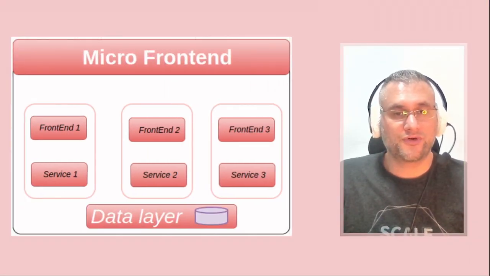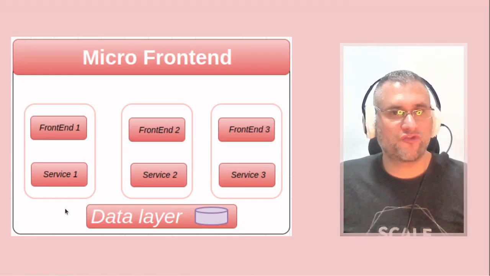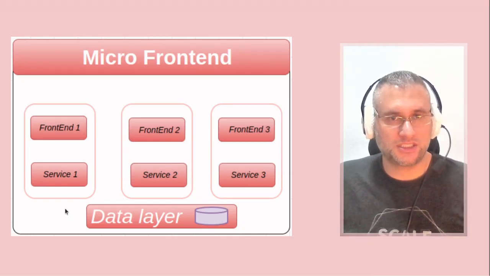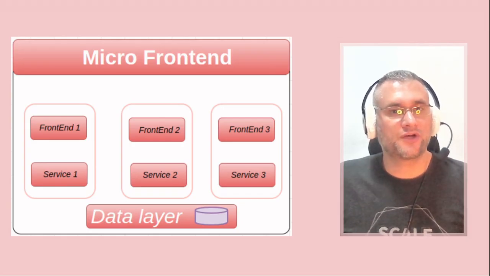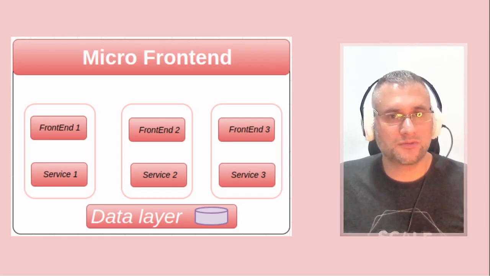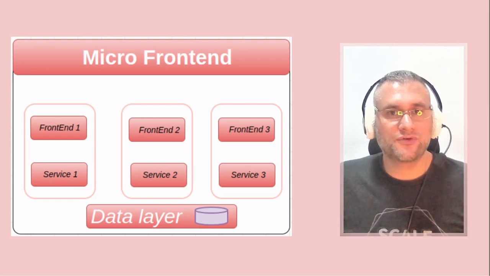The micro front-end pattern is more for big systems. This pattern is used regarding the different views of the application. For example, you can have a view for a client, another view for the customers, and these views could be deployed by different teams.